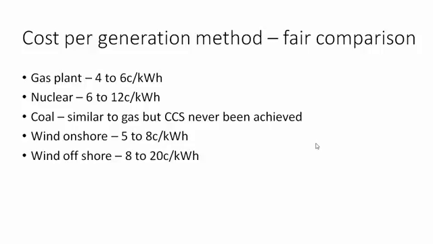Now, if we look at onshore wind, at the moment it's around 5 to 8 cents a kilowatt hour. In Ireland, it would be up near 8 cents a kilowatt hour. But the costs have really been coming down a lot lately. Offshore wind is much more expensive because of the difficulty of operating at sea, and also the turbines are much bigger. But it has some advantages as well, which I'll talk about in a subsequent video.